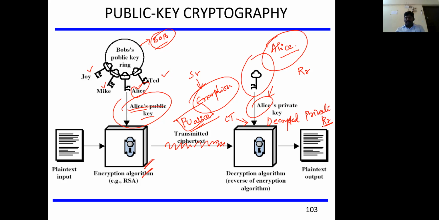One thing you're supposed to keep in mind is that whenever you use one user's public key for encryption, the key used for decryption is the same user's private key. In that case, here Alice's public key is used for encryption and Alice's private key is used for decryption, because both the keys are related to each other.